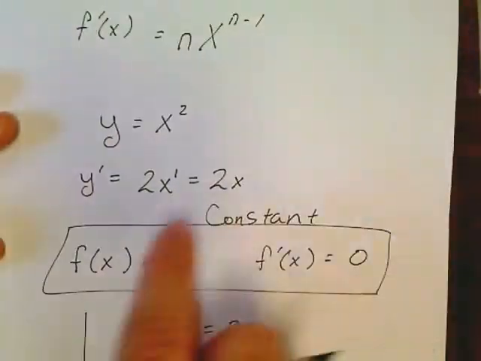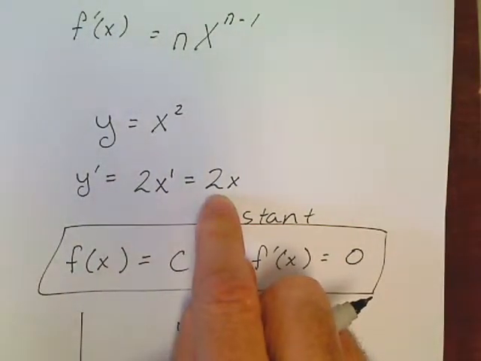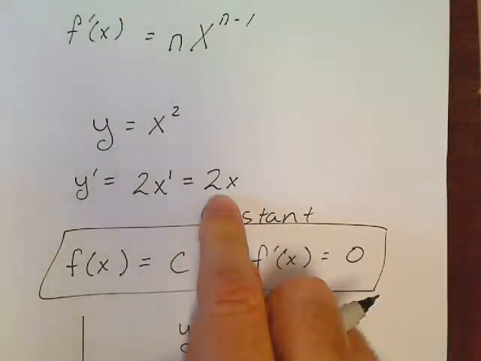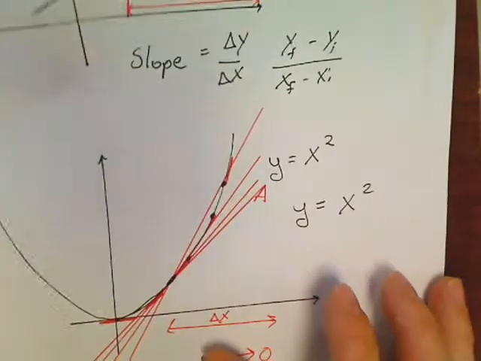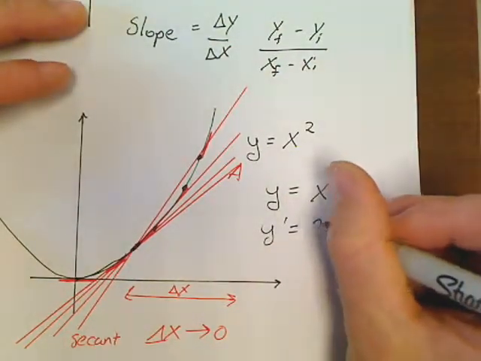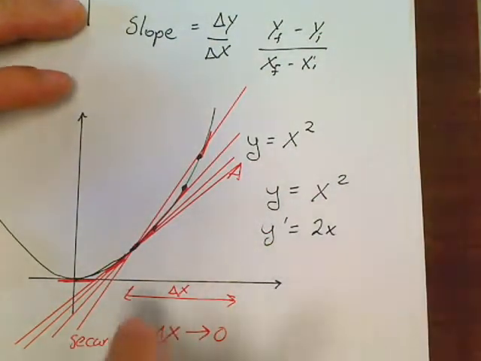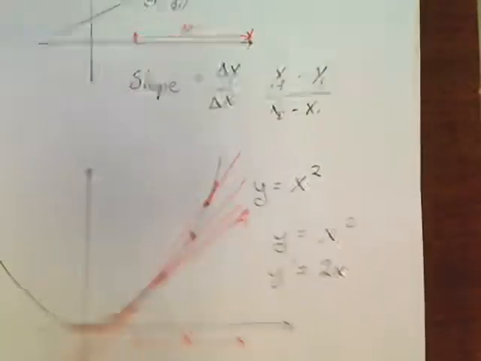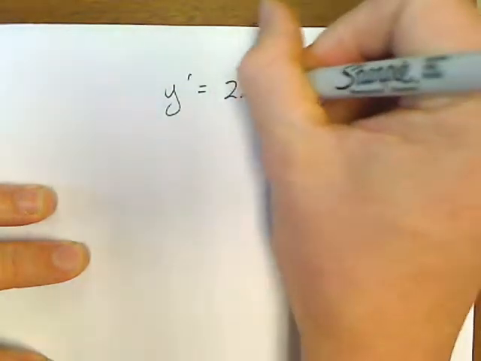This is what's cool. Go back to this derivative we took of the parabola a second ago. We know now that the derivative of x squared is 2x. So if I ask you to find the slope of the line at point 0, we know that the derivative is 2x.